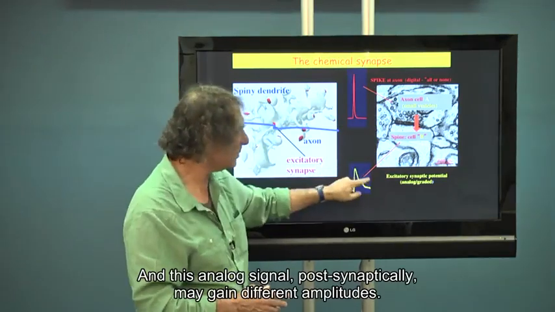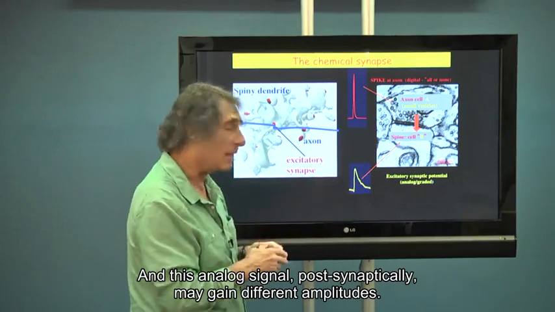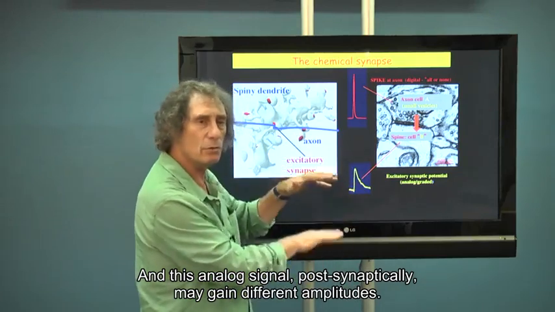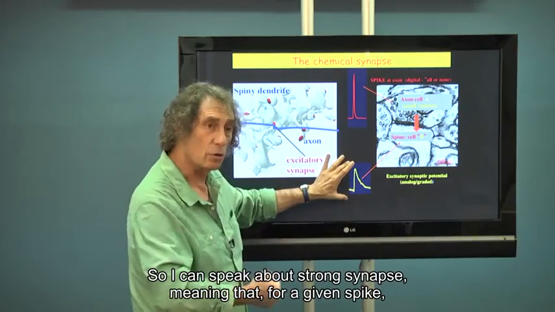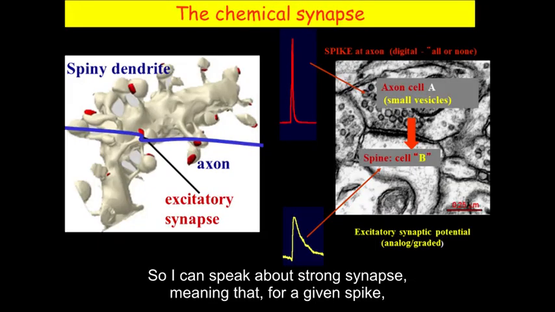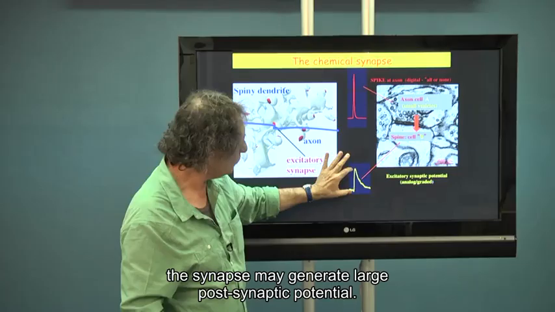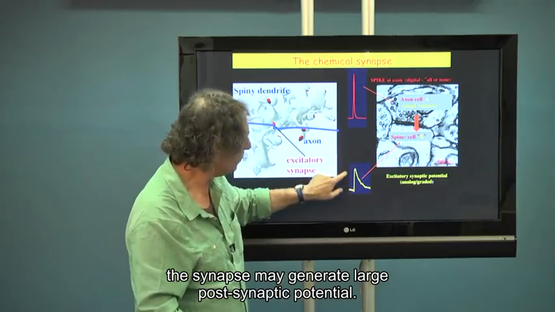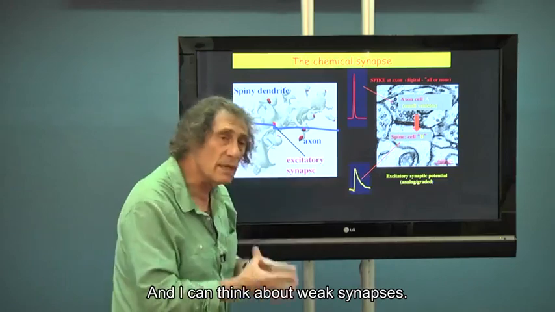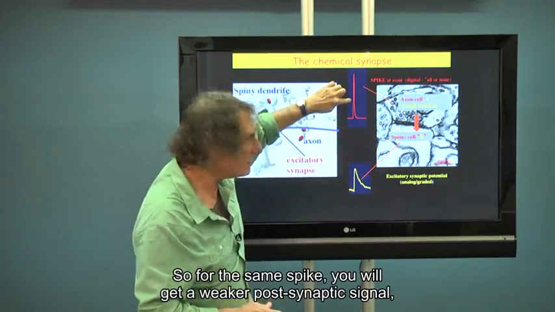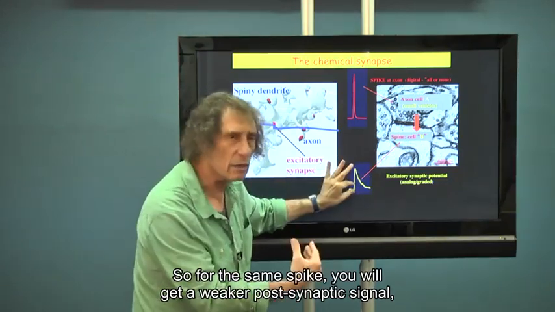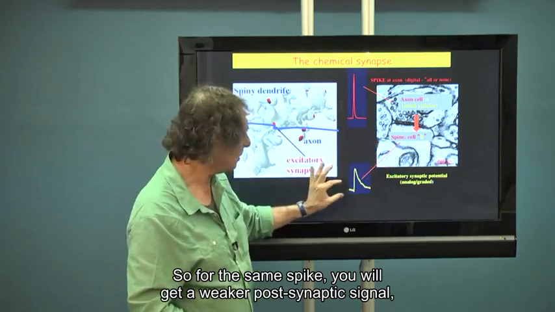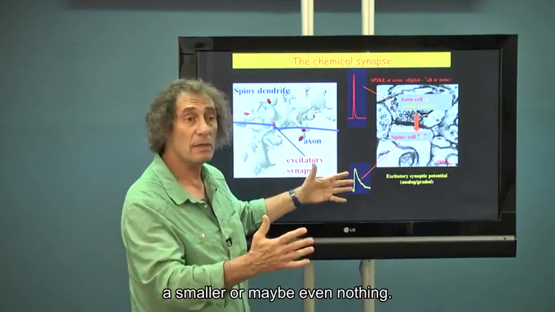And this analog signal postsynaptically may gain different amplitudes. So I can speak about strong synapse, meaning that for a given spike, the synapse may generate large postsynaptic potential. And I can think about weak synapse. So for the same spike, you will get a weaker postsynaptic signal, a smaller, or maybe even nothing.